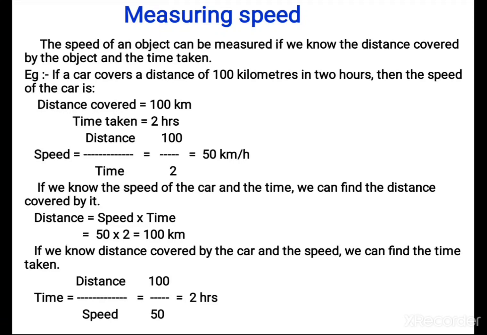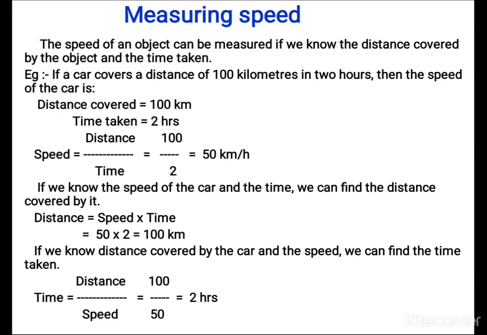Example: if a car covers a distance of 100 kilometers in 2 hours, then the speed of the car is, distance covered is 100 kilometers, time taken is 2 hours. Let's put the formula of the speed here. Speed is equal to distance upon time, that is 100 by 2, and the answer comes out to be 50 kilometers per hour.